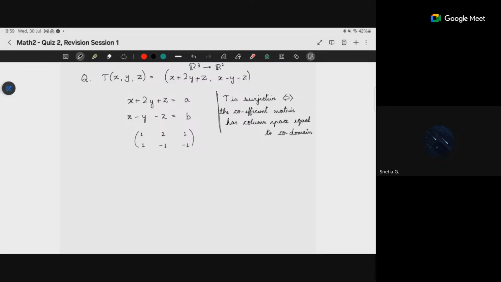Yeah, okay. So I have taken the expression over here, x plus 2y plus z, x minus y minus z. I want to know, as I vary x, y, and z, what are all possible values that it takes.